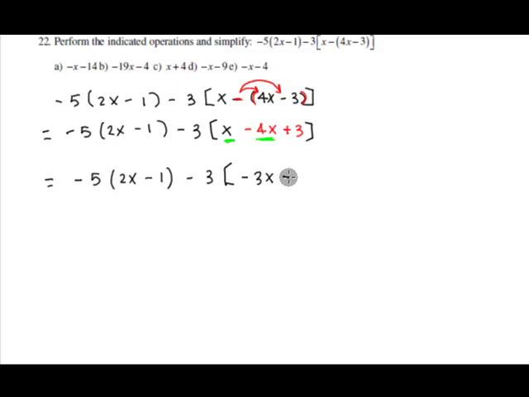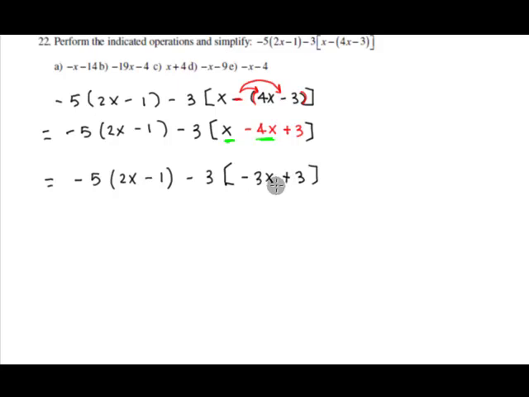Rewrite the positive 3 and then bracket. Now let's see what kind of operation we have left. We have this parenthesis, nothing I can do within because they're not like terms. I have this parenthesis, again I cannot combine them because they're not like terms.